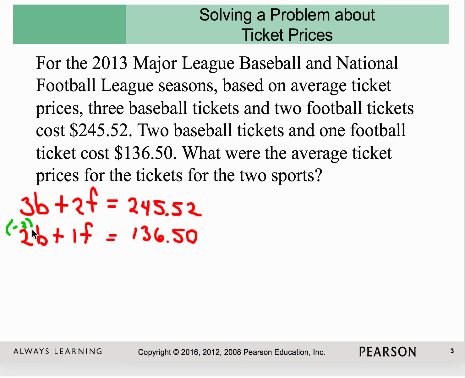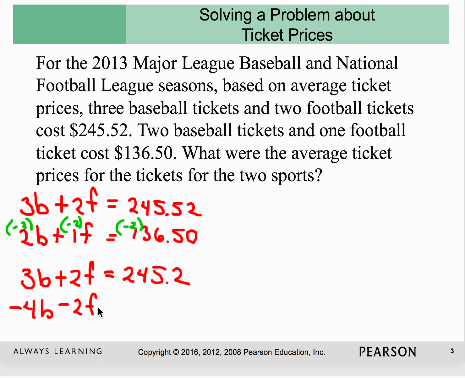Right? -2, -2, -2. So I wind up with that top equation is going to stay the same. And now I'm going to have -4b minus 2f equals negative $273, I believe.